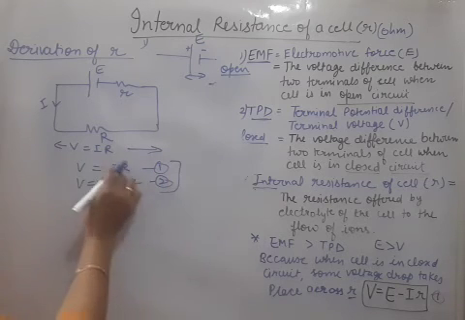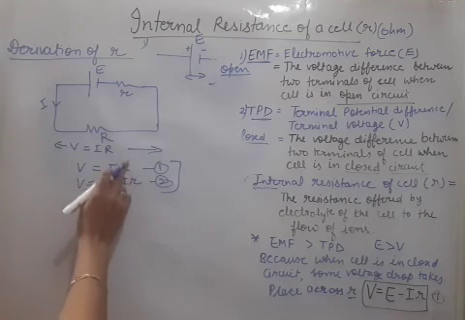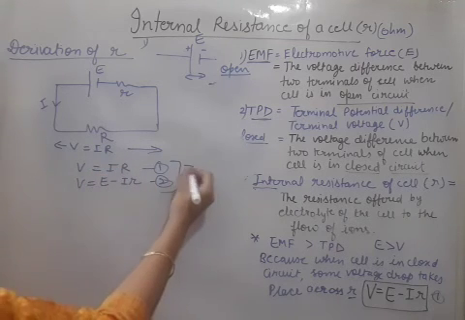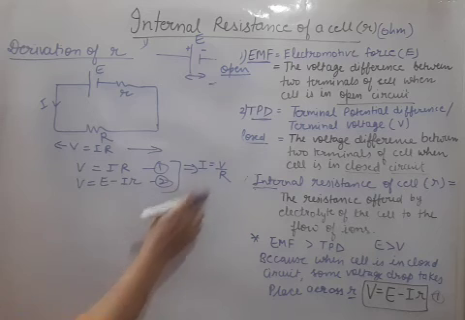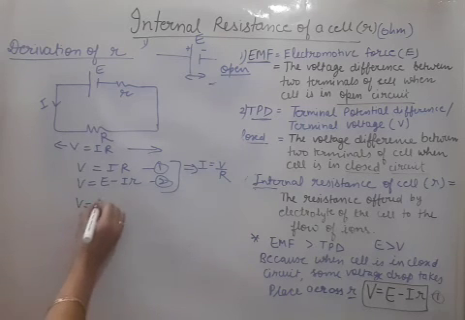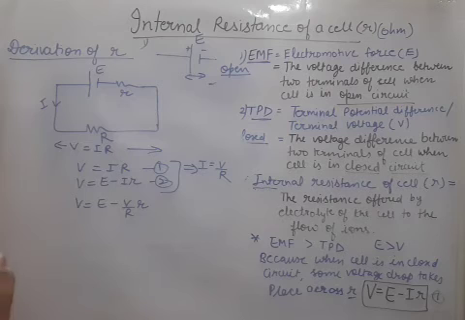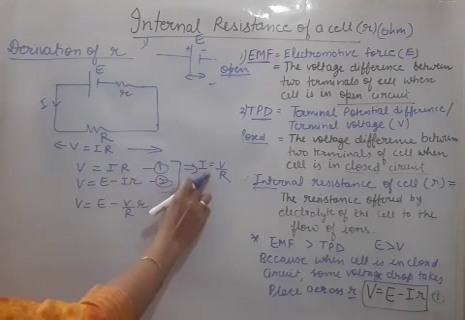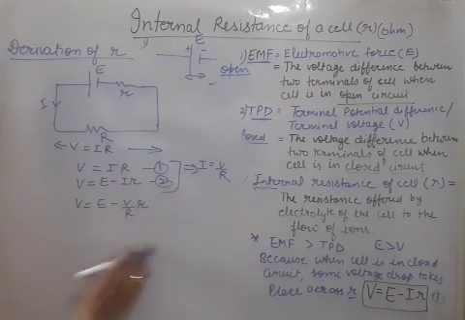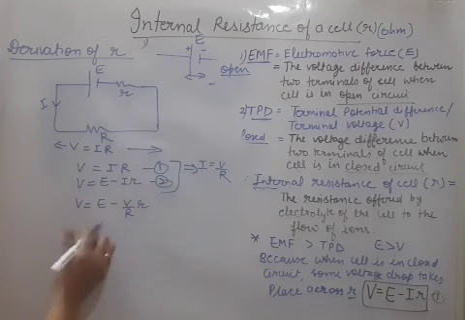What we have to do? Whatever is the common term, that means I, that we will find out from the first equation, and this we will substitute in the second equation. Okay, so remember these two steps. Firstly these two equations, then find the common term. So from the first I calculated and substituted in the second.